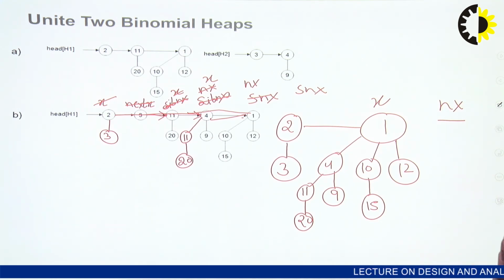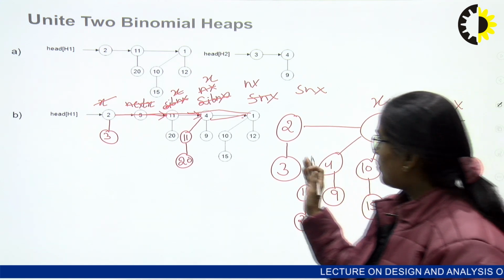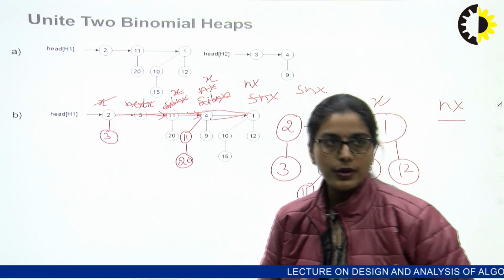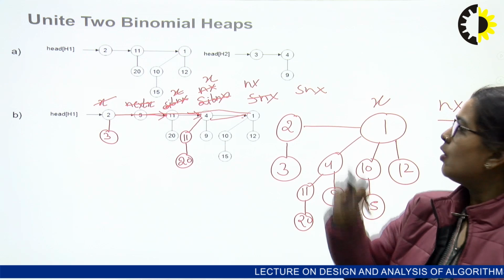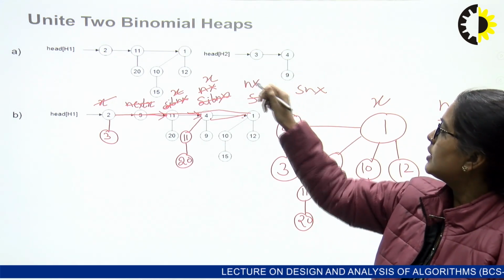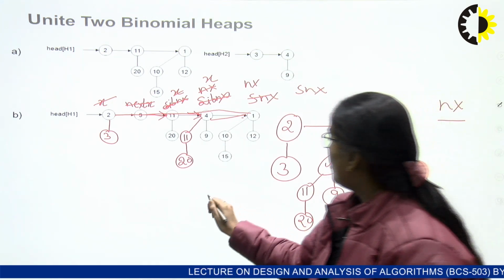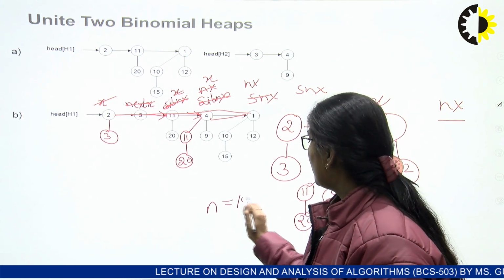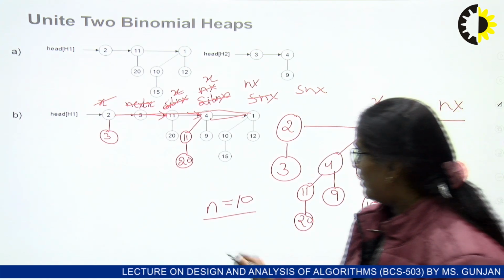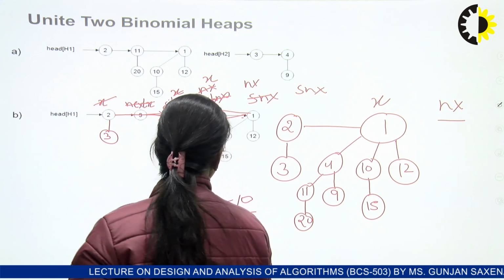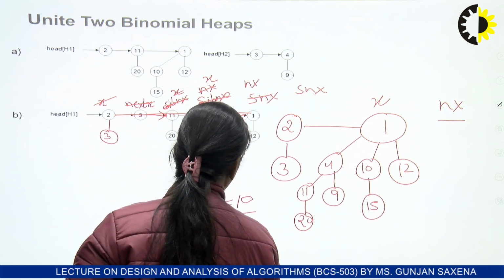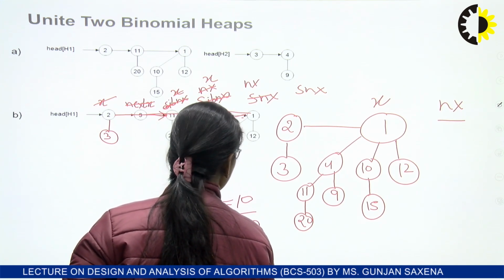Okay, so this is the proof of merging these two. Here we count 1 2 3 4 5 6 7 8 9 10 nodes, so n equals 10, and we can prove that 10 is 1010 in binary, so we use B1 and B3.